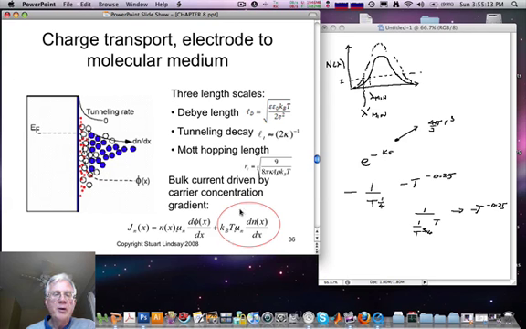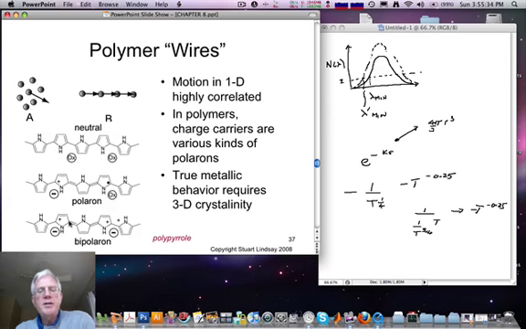In the bulk of the material, diffusion-driven current dominates, and so here is the diffusion constant as obtained from the Einstein-Smoluchowski relationship, where this is the mobility of the carriers, and here is the carrier concentration gradient. So we understand then currents in molecular solids as thermally activated hopping within the bulk, a current driven by the chemical potential gradient.